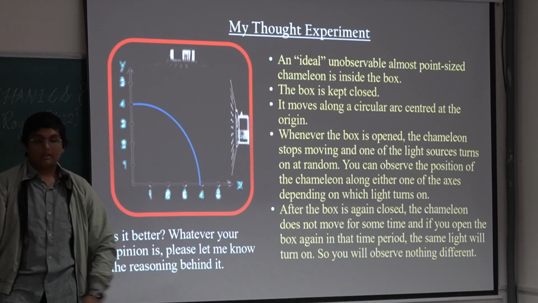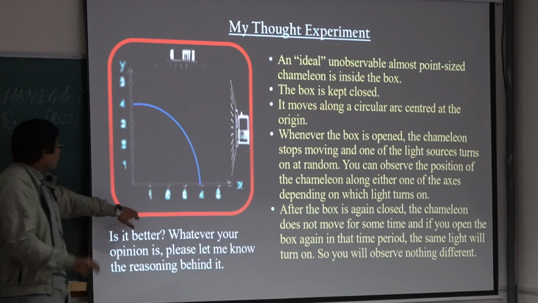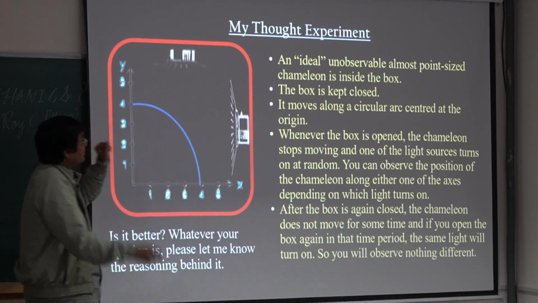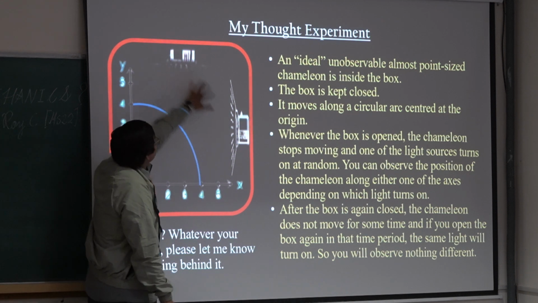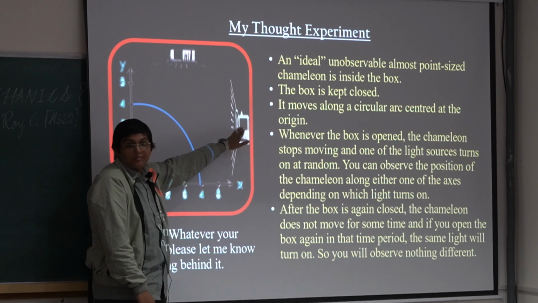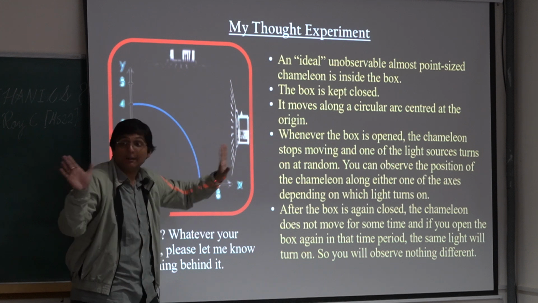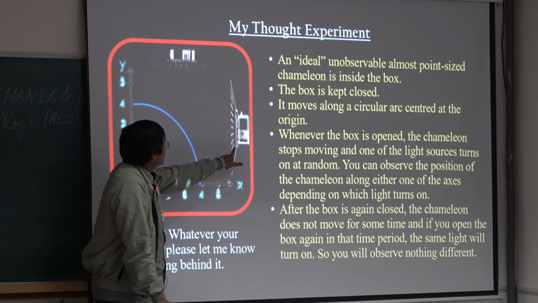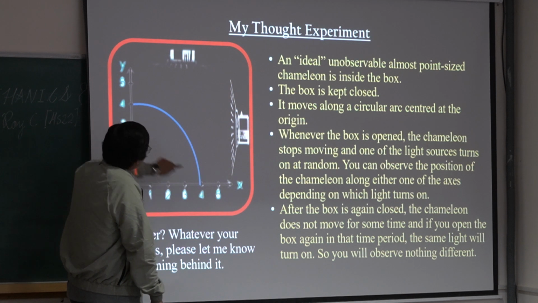The chameleon is moving inside the box. Whenever we open the box, the chameleon stops moving. And see, there are two light sources here, at the top and at the right side. One of the light sources will turn on at random, and when you observe, you can see the shadow of the chameleon on either the y-axis or the x-axis.